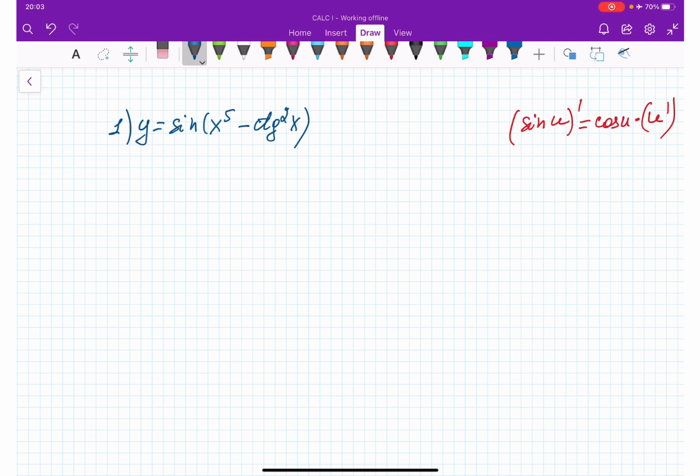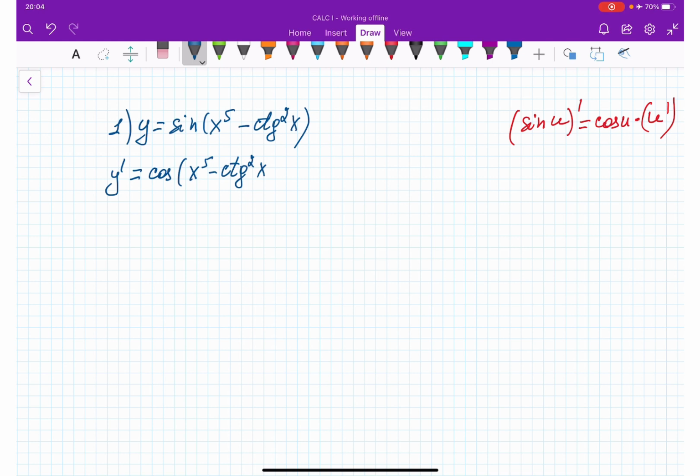Derivative of y is equal cosine of x to 5 minus cotangent squared x. Okay, cotangent and cot, it's the same thing, just so you know.